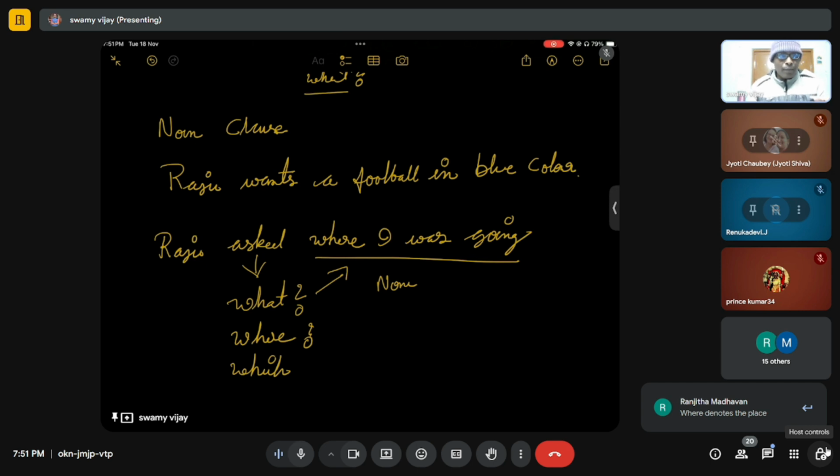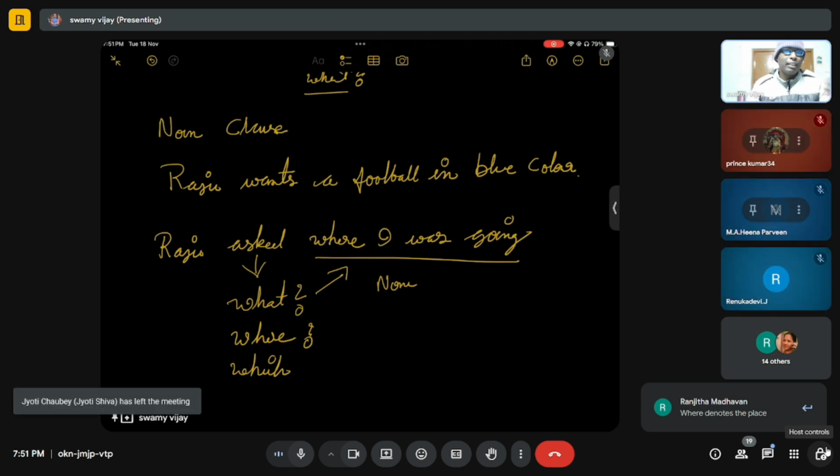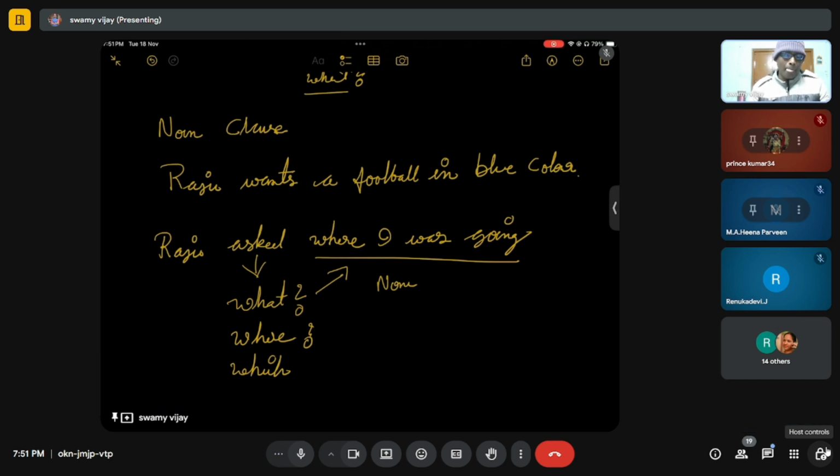The moment you come to that word "where", you think that it is an adverb. It is not an adverb clause. Where denotes the place, but Raju asked what? He asked about the information, and this acts as a noun. So in "Raju asked where I was going", this clause acts as a noun.